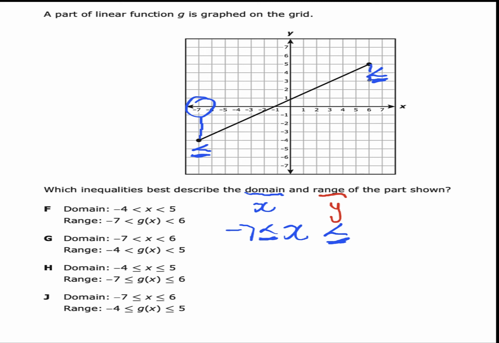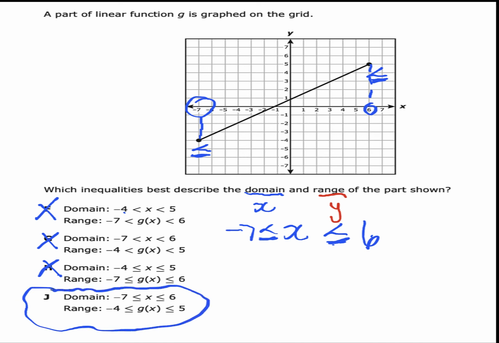So I'm going to draw a line down to touch the x-axis, and I'm touching it at 6. So my domain is from -7 to 6, and I have to have that line under. Okay, this says -4. This has -7, and then it ends at 6, but the inequality signs are incorrect. So we can eliminate G, H, incorrect. So our answer is J.